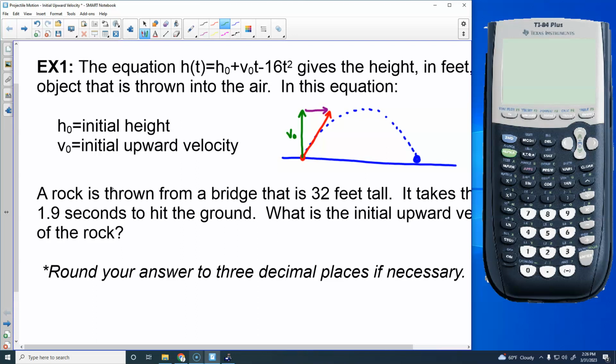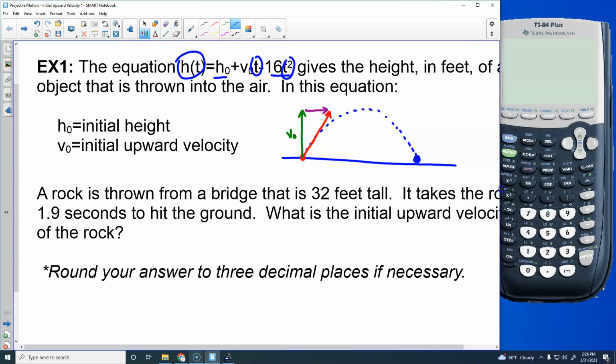While we can't measure initial upward velocity, we can find all the other variables in this equation, leaving us just initial upward velocity, and then we can solve for that. So here's an example where that is going to happen.